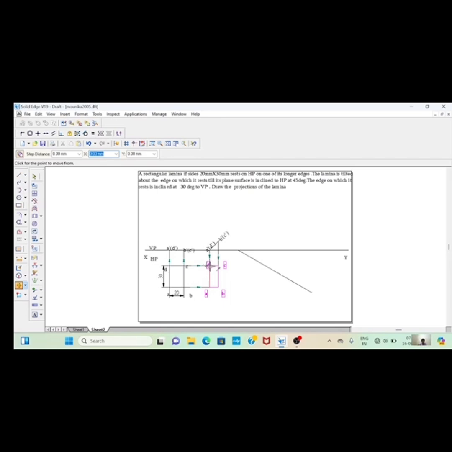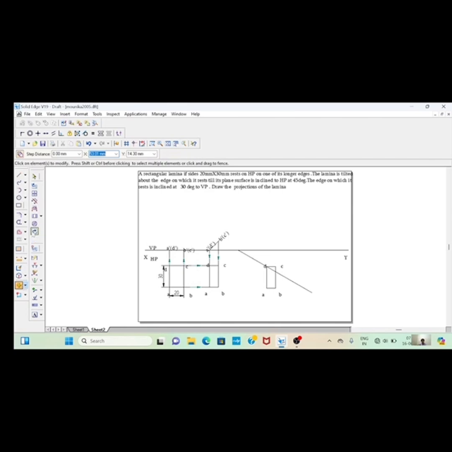Select the endpoint of any one and place it on the 45-degree line. Now the D and A should be on the 45-degree line.